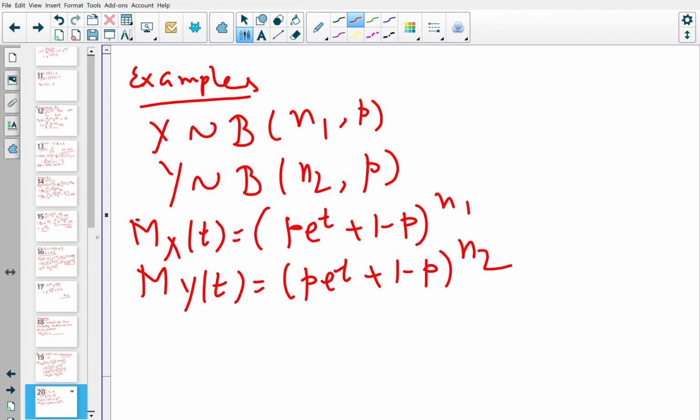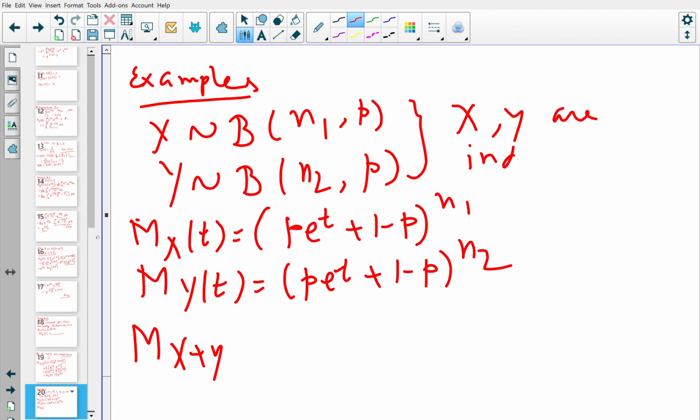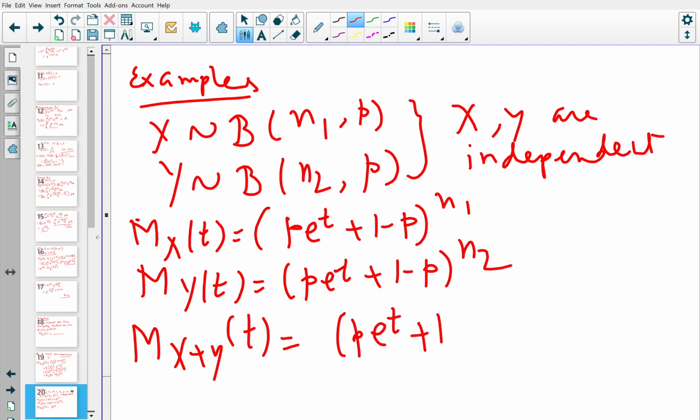So if you want to find out what X plus Y is, given that X and Y are independent, then you can find that the sum of two independent binomial random variables is again of the form (p e power t plus 1 minus p) to the power n1 plus n2.